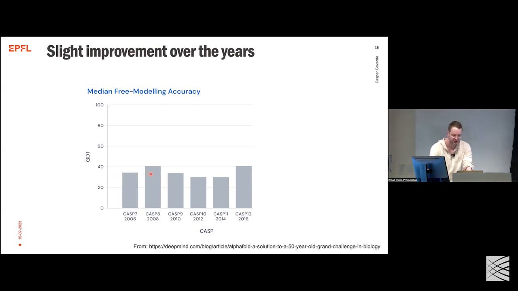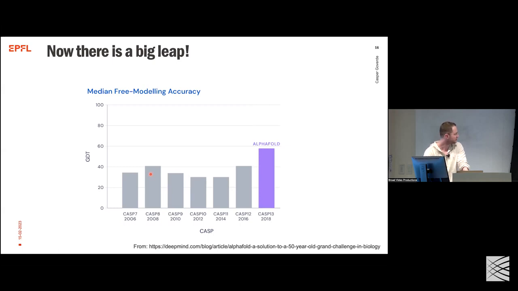However, now something happened in 2018, and that was AlphaFold. So this is an algorithm developed by Google DeepMind, which made use of this enormous amount of sequence and structural data by training a neural network on this data to predict protein structures.